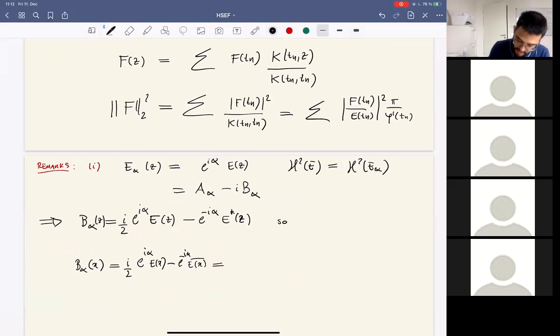So then I can write E bar as i/2 E(x) e^{iα}, so that would be 1 minus e^{-2iα}. I'm going to use the phase function here. That's what you get.